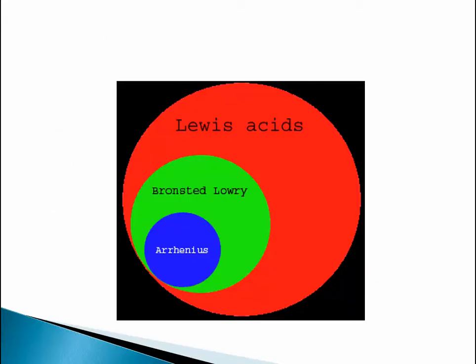Here's a little schematic Venn diagram. Lewis acid is the biggest picture one. All Bronsted-Lowry acids fit within that. And then Arrhenius acids, that's an even older definition that we didn't talk about, so don't worry about that so much, but that would even fit within Bronsted-Lowry.